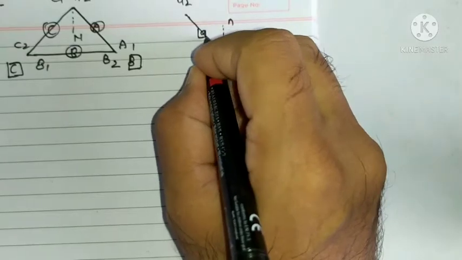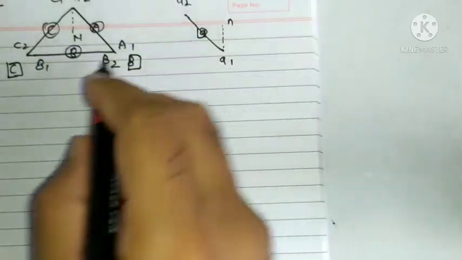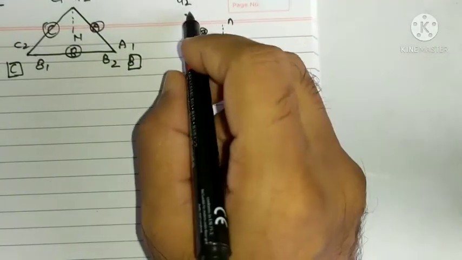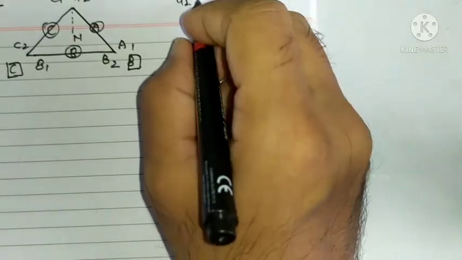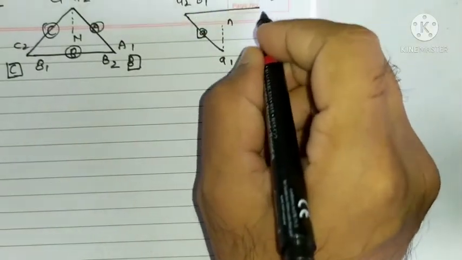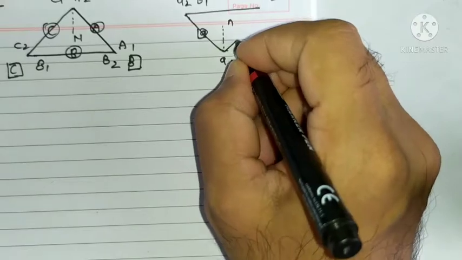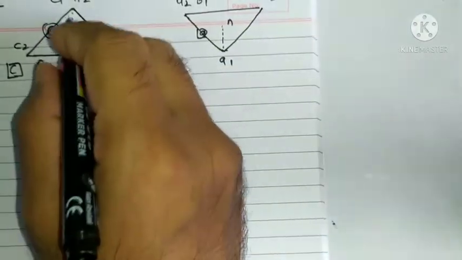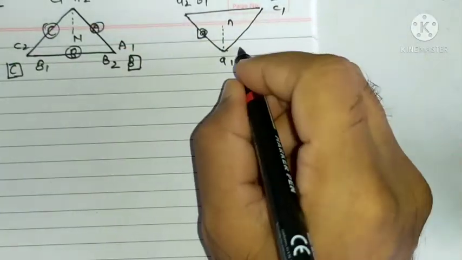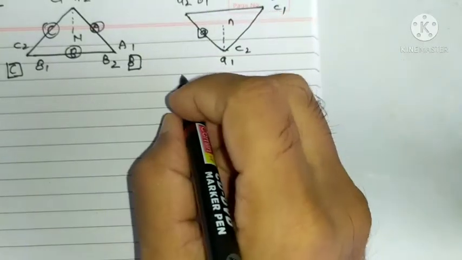This is the A arm. B1 B2 must be parallel to this, so it will be B1 B2, and C1 C2 will be parallel to C, C1 C2, right?